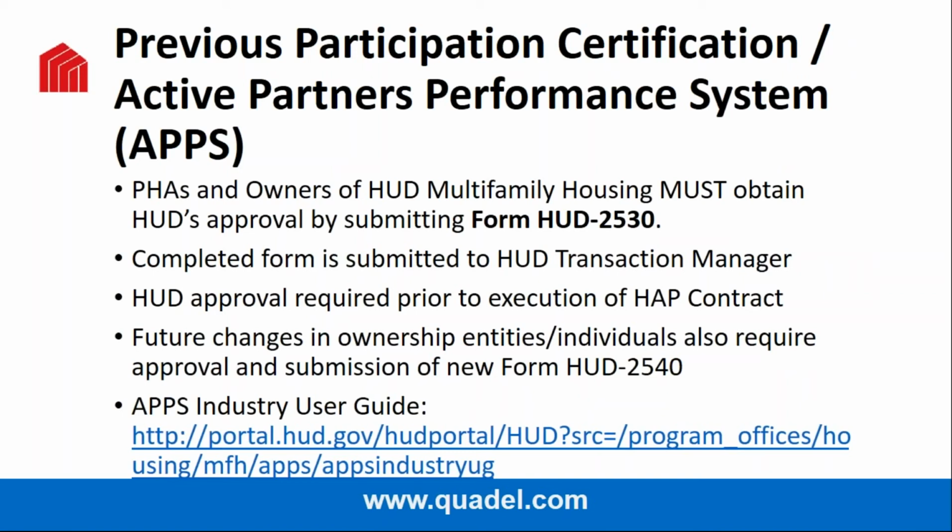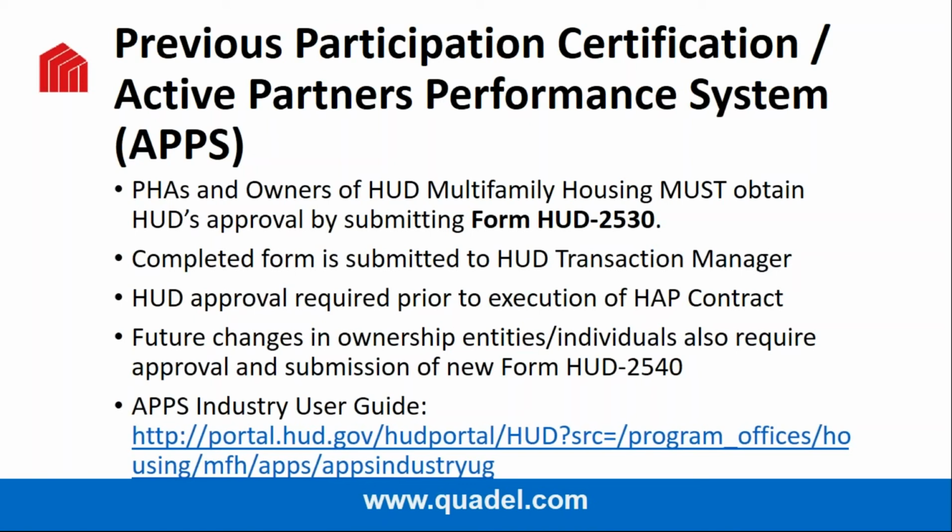HUD's policy is that participants in multifamily housing programs be responsible individuals, and as such establish regulations and uniform standards for their approval and disapproval or withholding of action of principals and projects based on past performance. So here we're talking about the previous participation certification program and the Active Partners Performance System, or APPS.